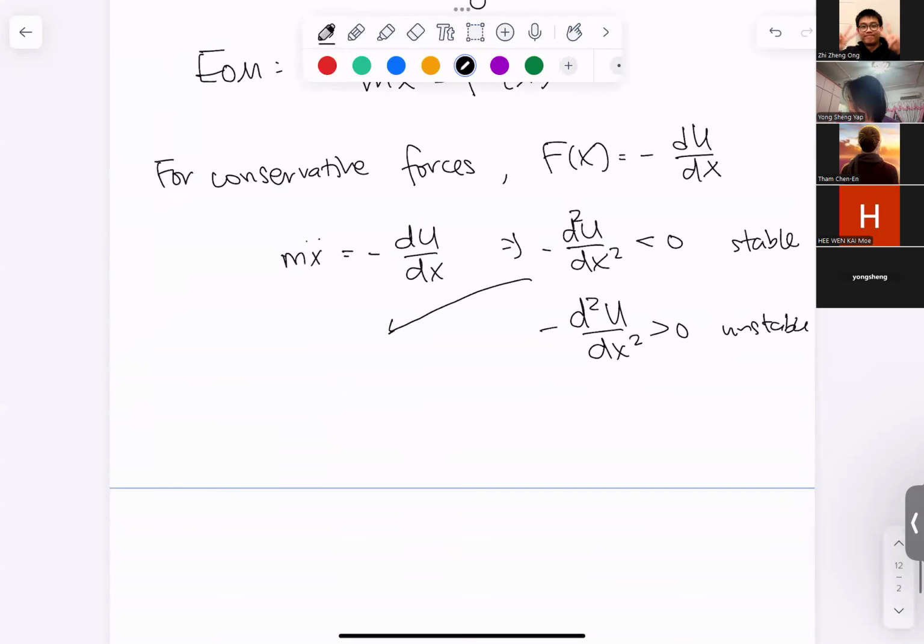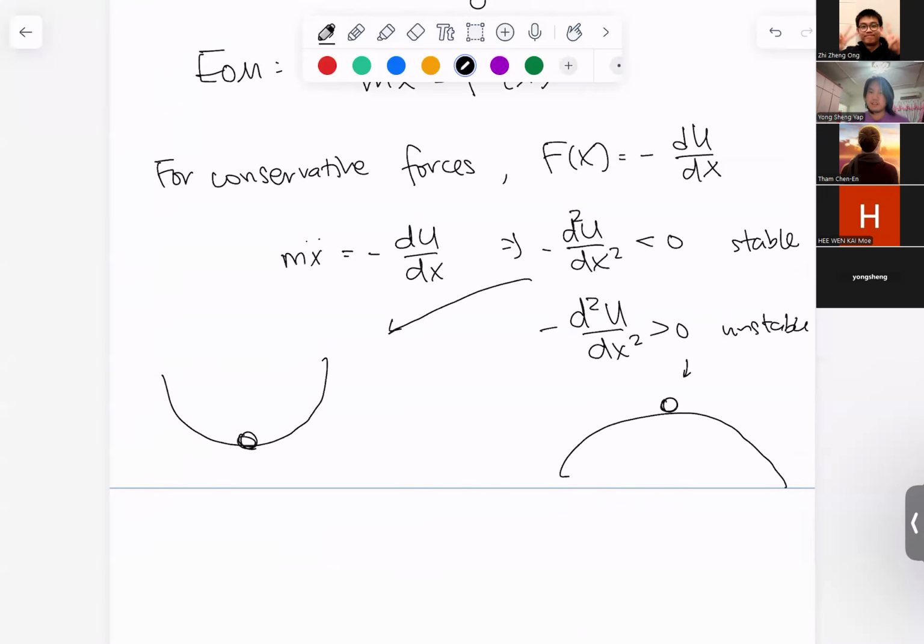So these are basically concave potentials, and these are basically convex potentials, okay? All right. Any questions? So that's basically oscillations and how to think about oscillations in a more general framework. Any questions? Okay.